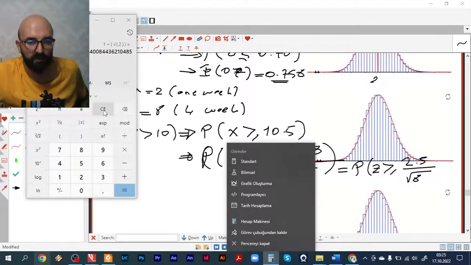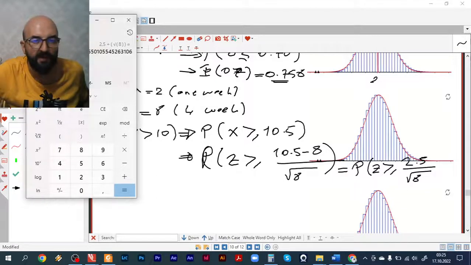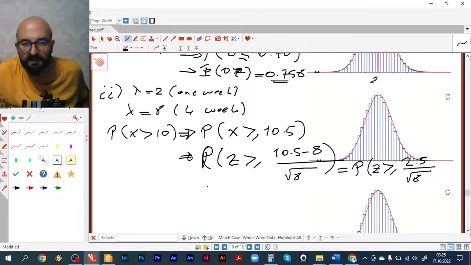I want to use the calculator: 2.5 over the square root of 8 is approximately 0.88.